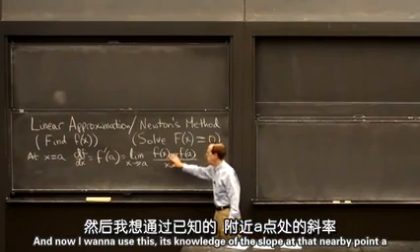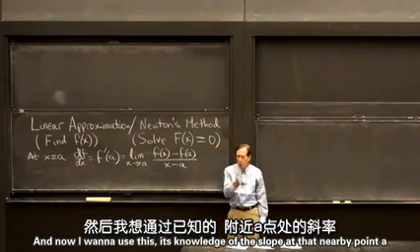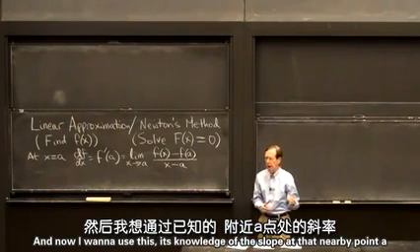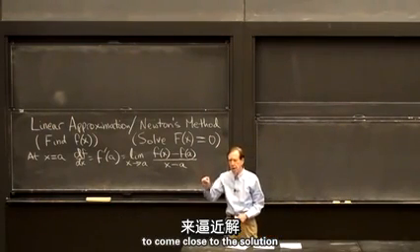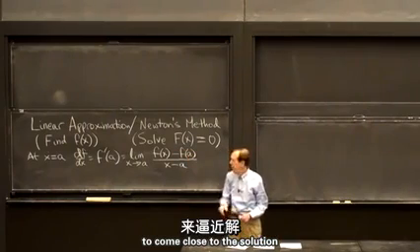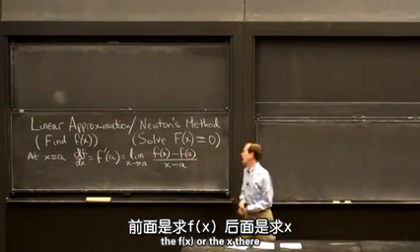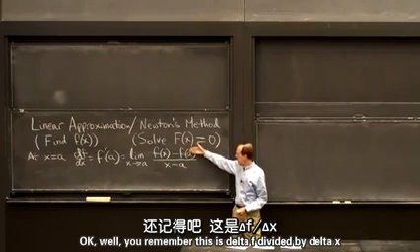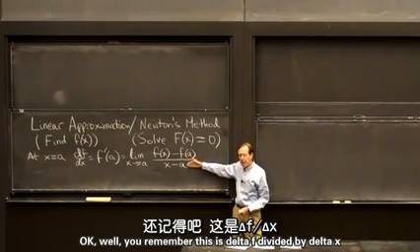And now I want to use this knowledge of the slope at that nearby point a to come close to the solution, the f of x or the x there. Okay, well, you remember this is delta f divided by delta x.